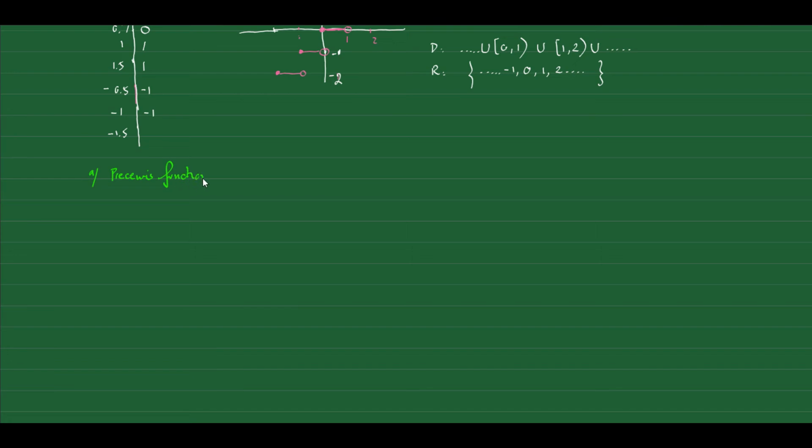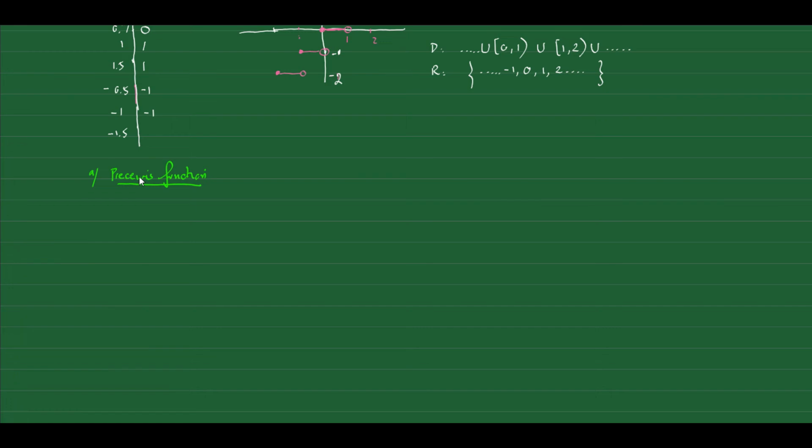Okay, and the piecewise function, of course, is not continuous because it's piece by piece. So it's not continuous on the whole domain, but it's probably continuous somewhere, on a certain part of the domain. The piecewise function is nothing but a combination of many functions.